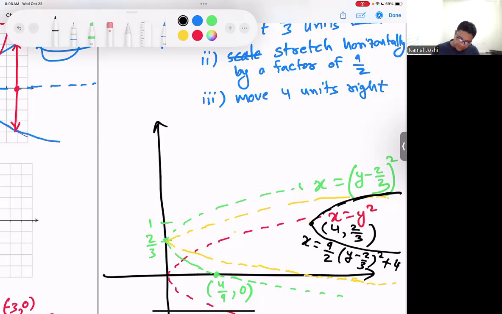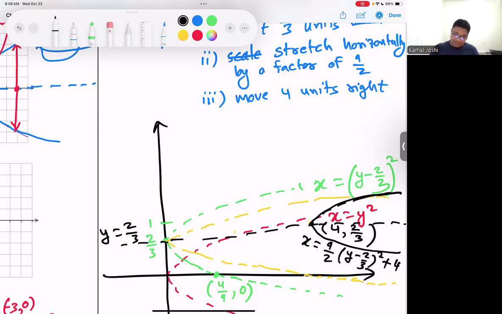Right? So it has been stretched, and this dotted line is the axis. y equals 2/3 is the line of symmetry. Okay, and you moved 4 units to the right. So (4, 2/3) is your new vertex.